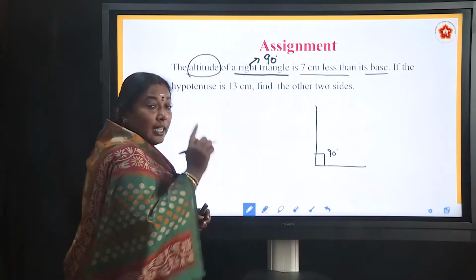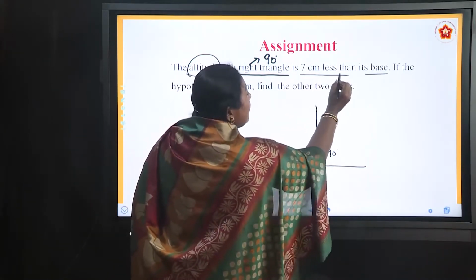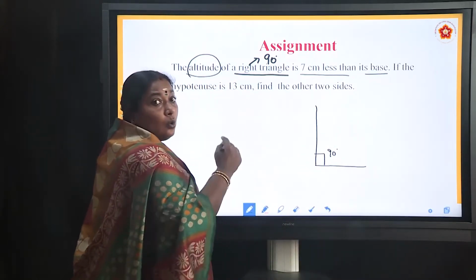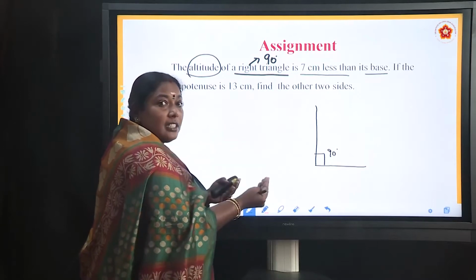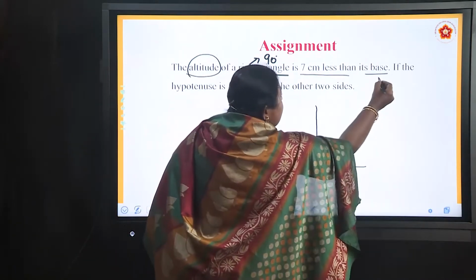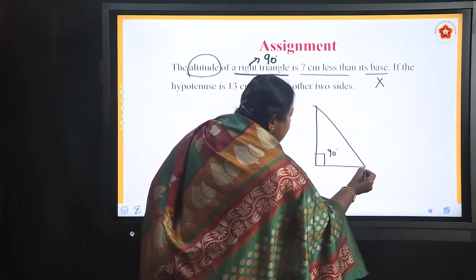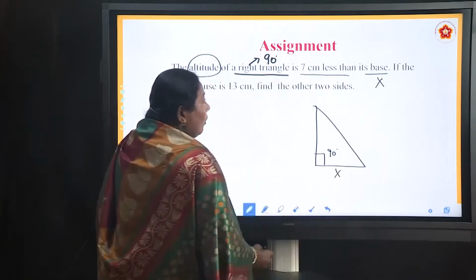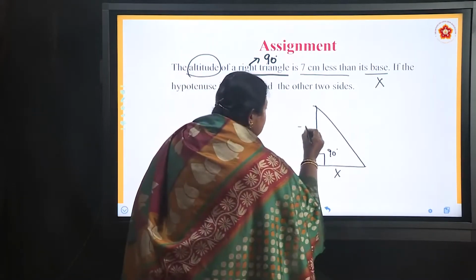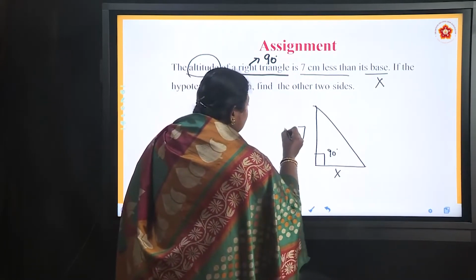So, whom should I take as x? The one on which it is dependent. Altitude is depending on base. So, let us take the base as x. Now, altitude is 7 less than base. 7 less than means base minus 7.